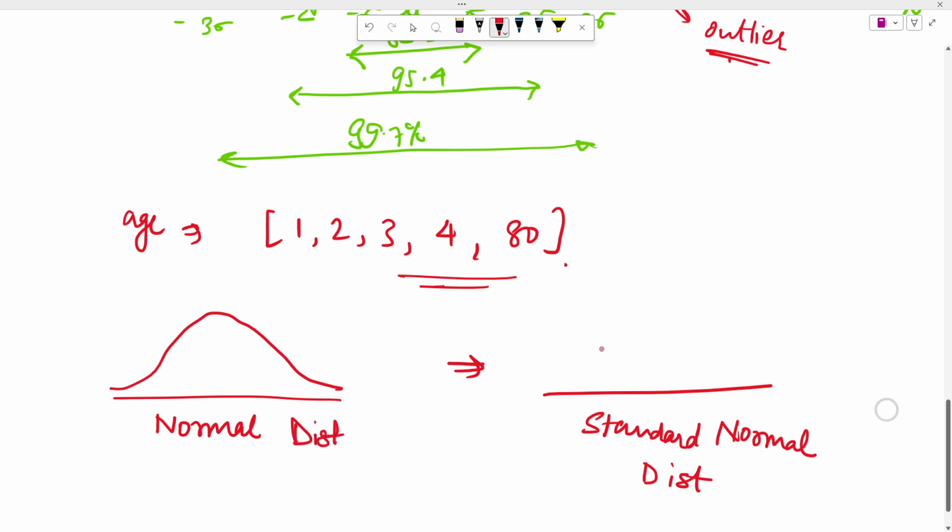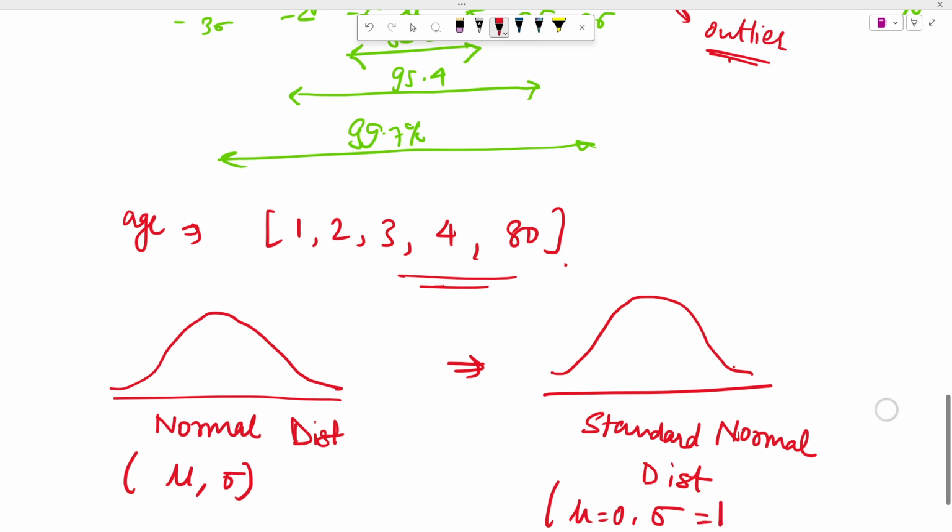Now, what is the difference between a normal distribution and a standard normal distribution, right? A normal distribution has a mean of mu and standard deviation sigma. However, for a standard normal distribution, the mean is equal to 0 and the standard deviation is equal to 1, right? So for a standard normal distribution, it will always be 0, 1, 2, similarly minus 1, minus 2.